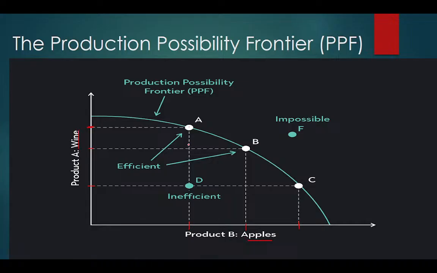So basically, this PPF curve reveals some of the defining concepts of economics. That is, one, scarcity, choice, opportunity cost. And opportunity cost also blends in the aspect of efficiency, because we are picking only from the points on the line.